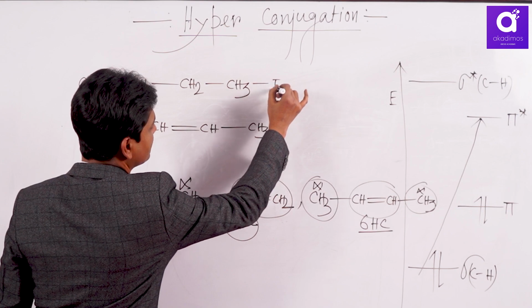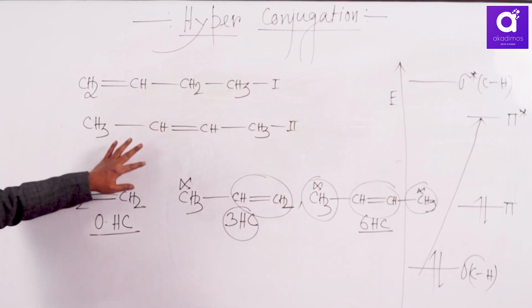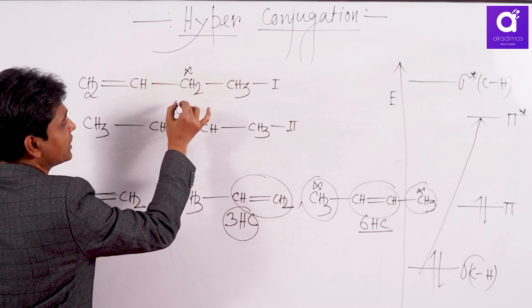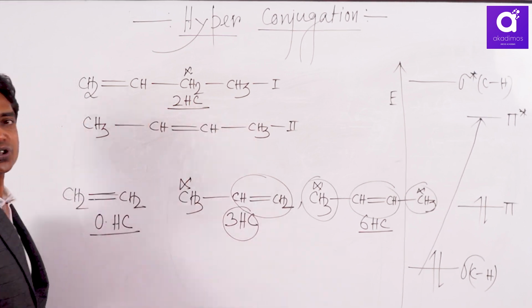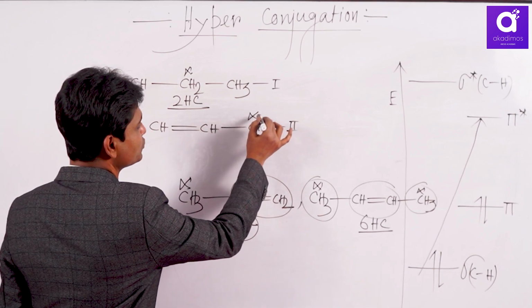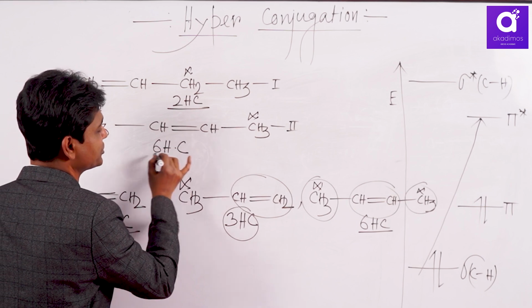Let it is 1, this is 2. See, these two are position isomers. And here alpha carbon, this one, and there are 2 alpha hydrogen, that is 2 hyperconjugation. And here alpha carbon, this one alpha carbon, this one alpha carbon, and here you will get 6 hyperconjugative interaction.